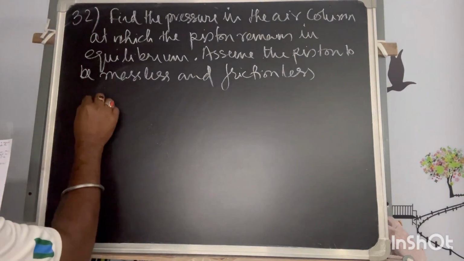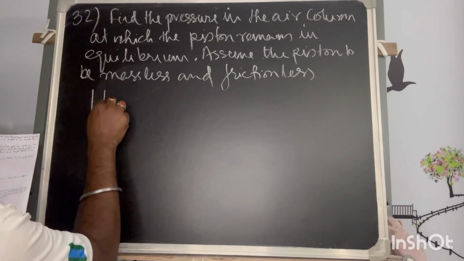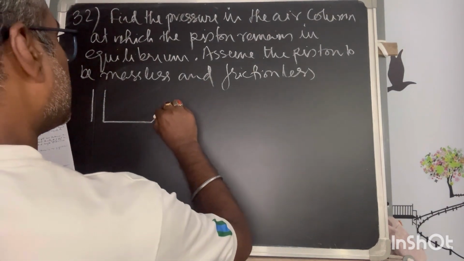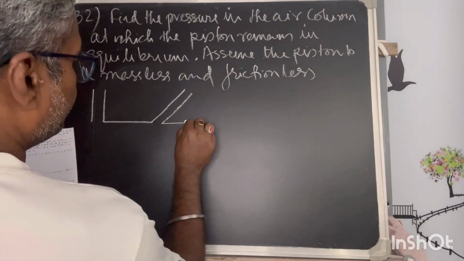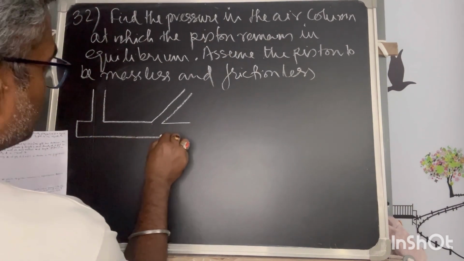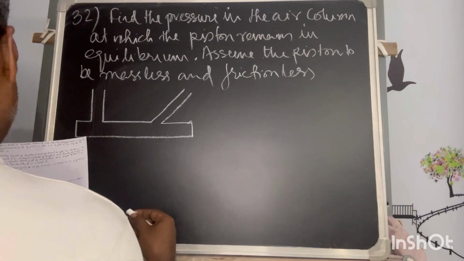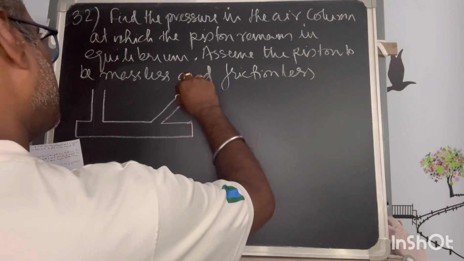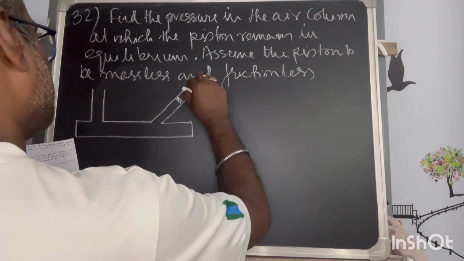So let me show you the arrangement that we are working with. A kind of vessel having few legs of this kind, where one leg is being operated with a piston, moreover it is a piston cylinder, you can say.